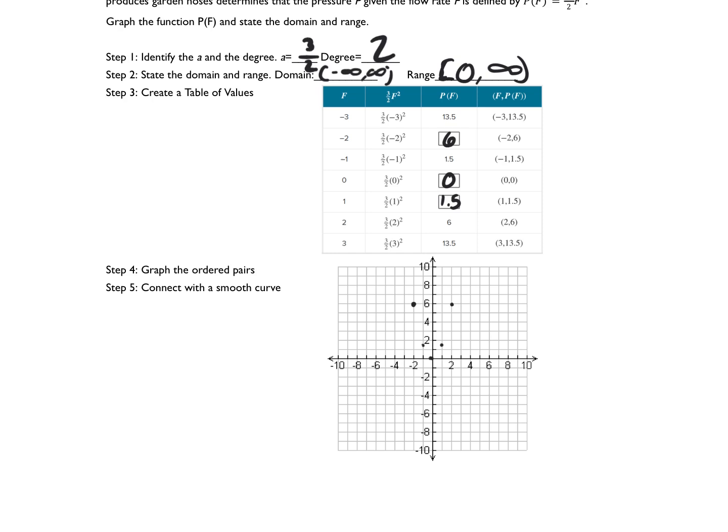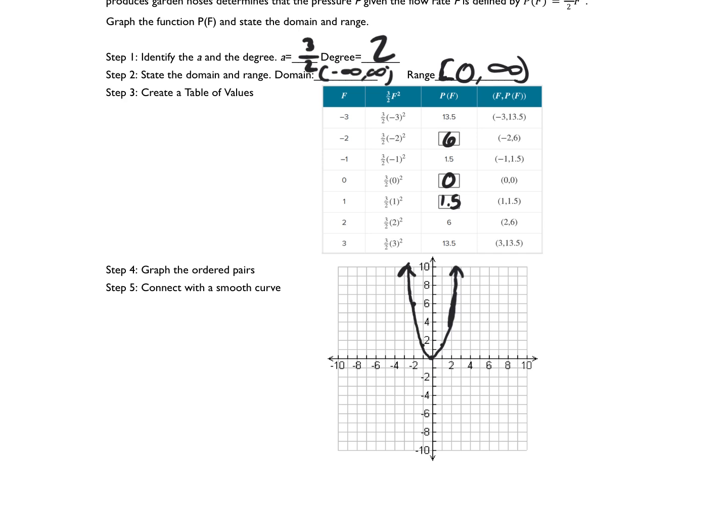The other points, 3, 13.5 and -3, 13.5, those are going to be off the graph. So now we're just going to connect these points with a smooth curve, not like rigid lines between them. And we know how to graph parabolas. We've been graphing parabolas for months now. And so our function looks like that.